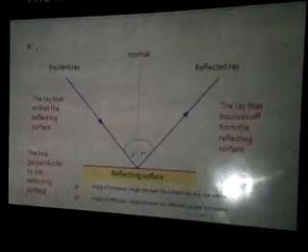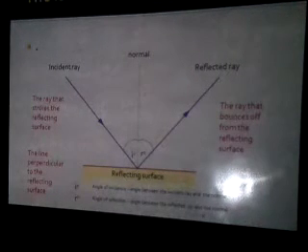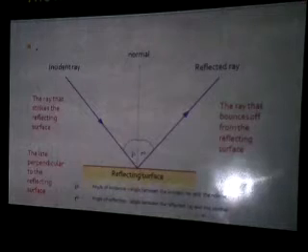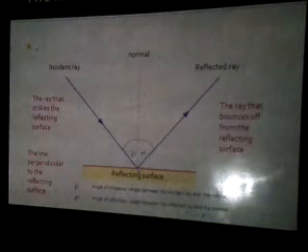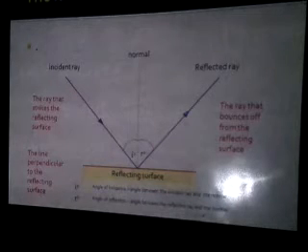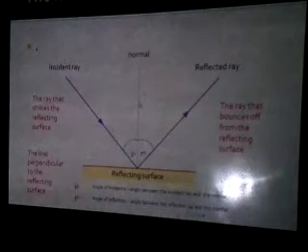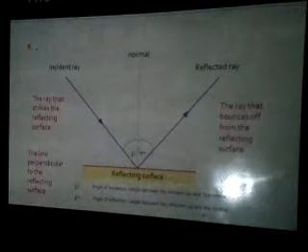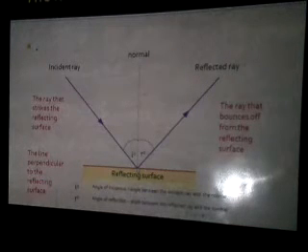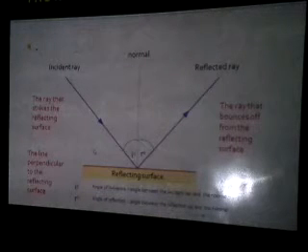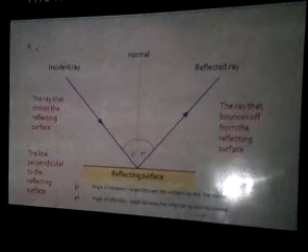So when you come back to this diagram, this is the point of incidence. So we have the incident ray, the reflected ray, and the normal. So the law is saying that at the point of incidence, these two rays and the normal lie in the same plane.